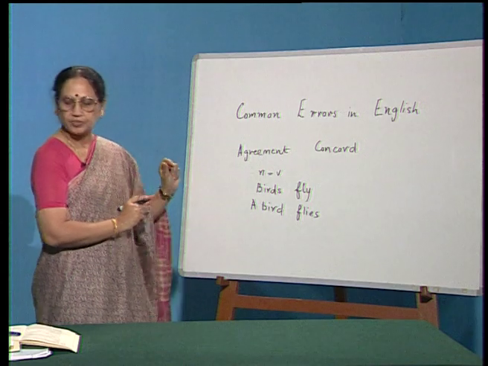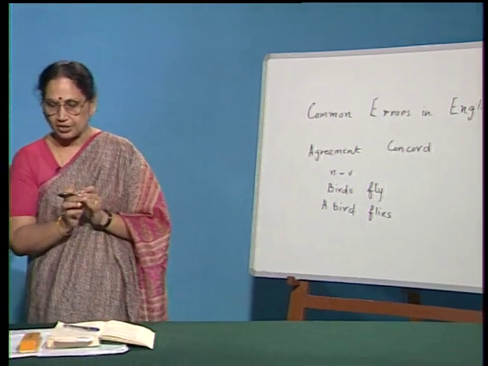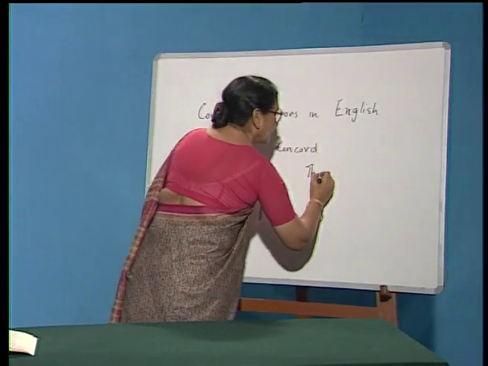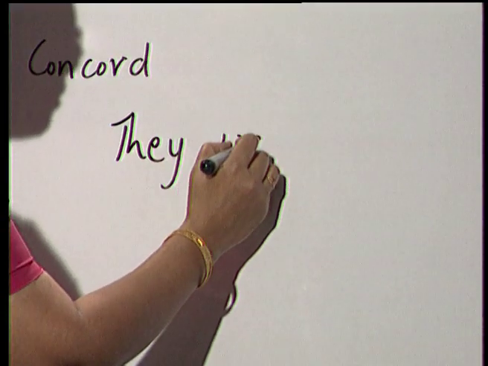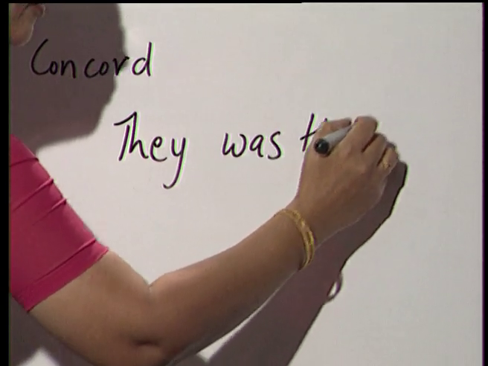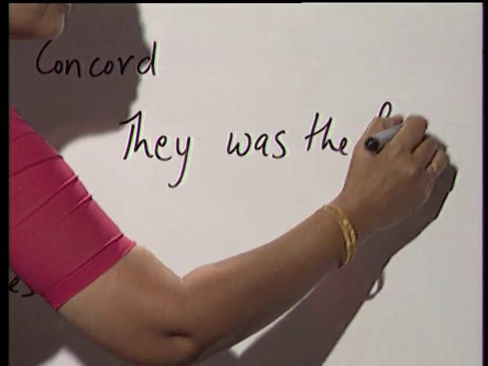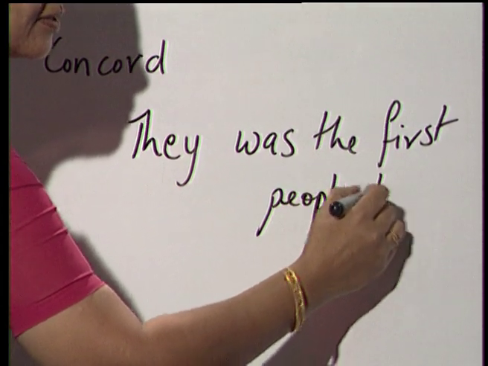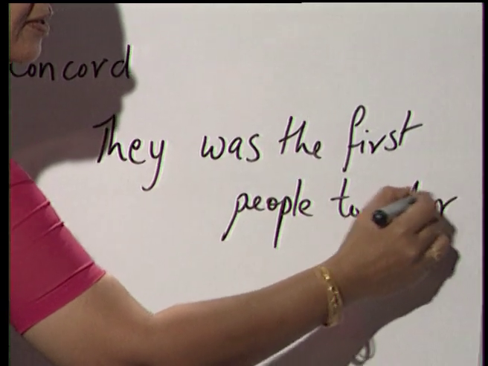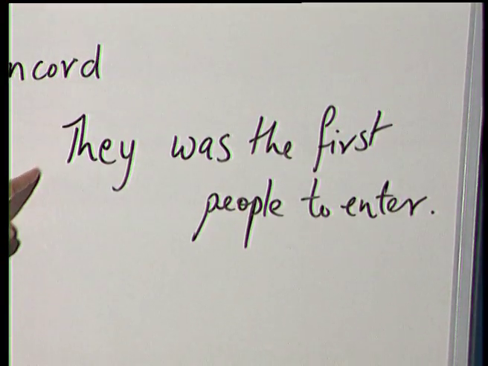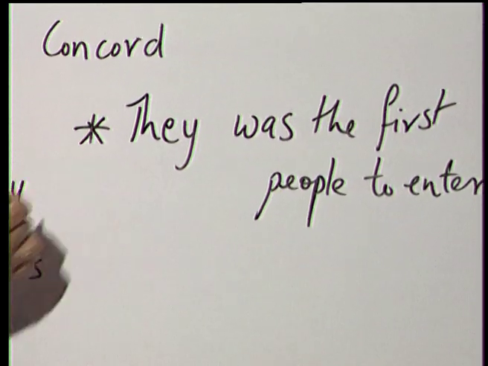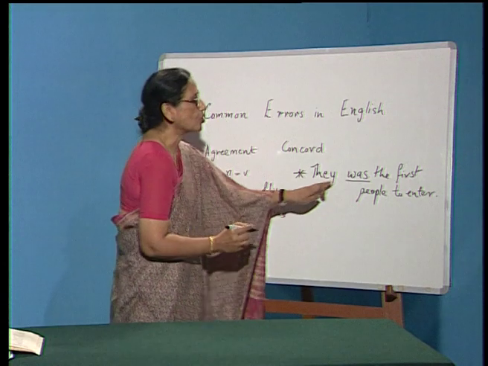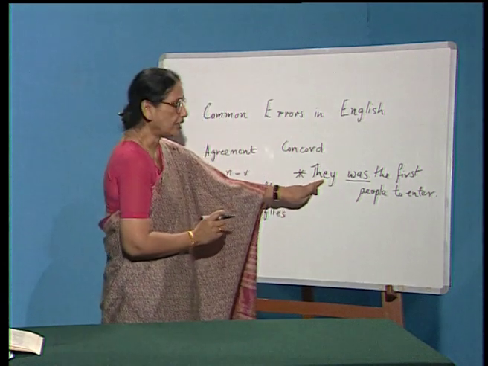For example, let us take another sentence. They was the first people to enter. Is this correct? No. This is an incorrect sentence because we do not use was for the noun they.